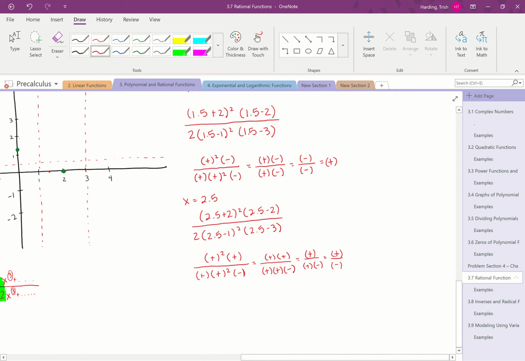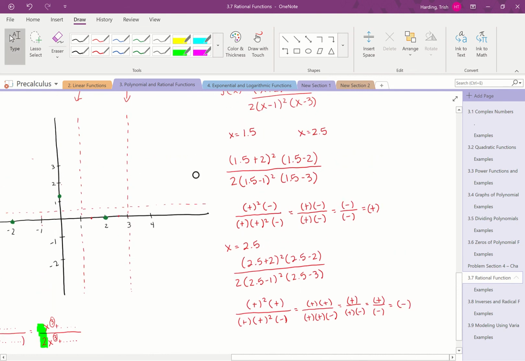So we will only have one negative in this fraction, so therefore our entire answer is negative. So in this interval, it's going to be somewhere below, which means that our graph must look something like this, since we know it has to cross because the multiplicity is odd.